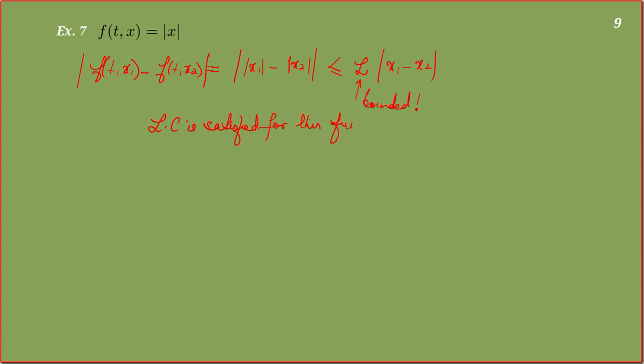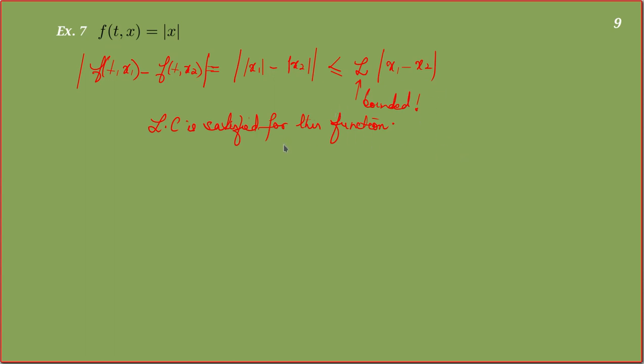So you can verify this also. Maybe if you didn't understand why this is less than or equal to L times the absolute value of x1 minus x2, you can plug in some values and check whether this is correct or not.